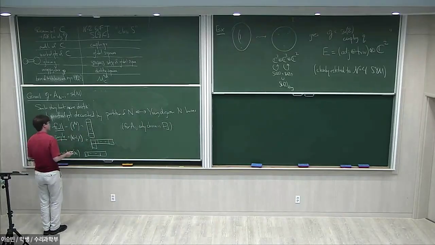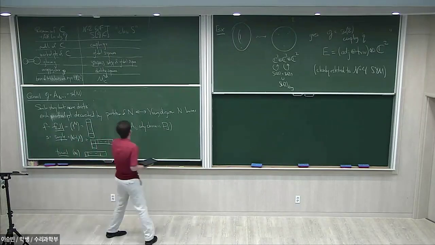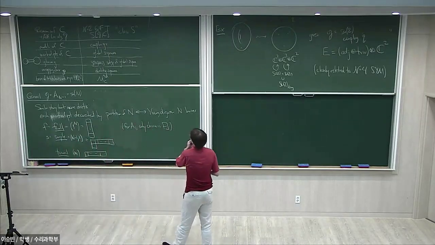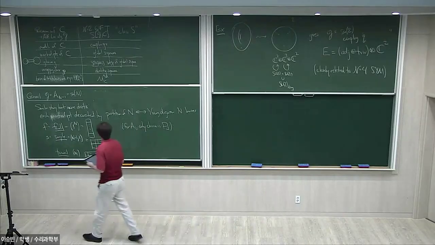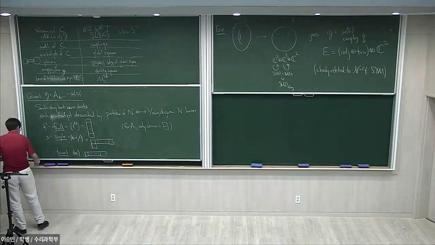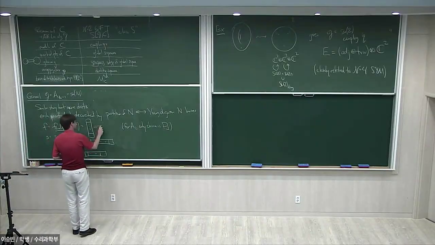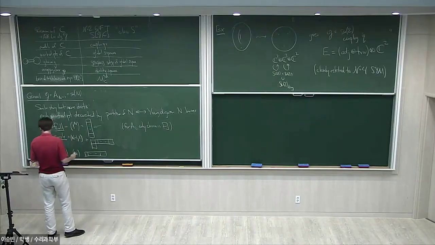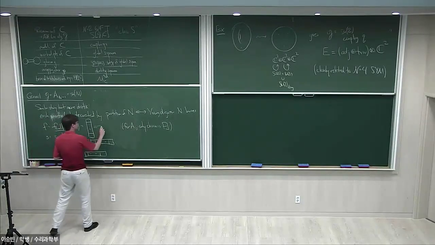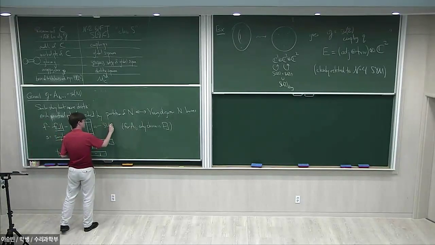And I told you that the punctures, the mark points, have to do with the flavor symmetry. So I should say, what's the flavor symmetry associated with each one of these kinds of punctures? There's a general rule, but let me just tell it to you for the full and the simple one. For the full one, it's SU(N) global symmetry.